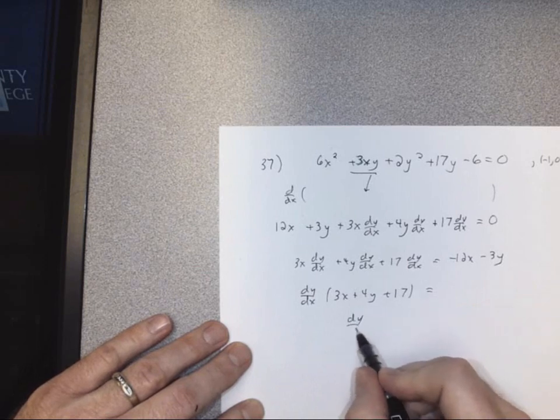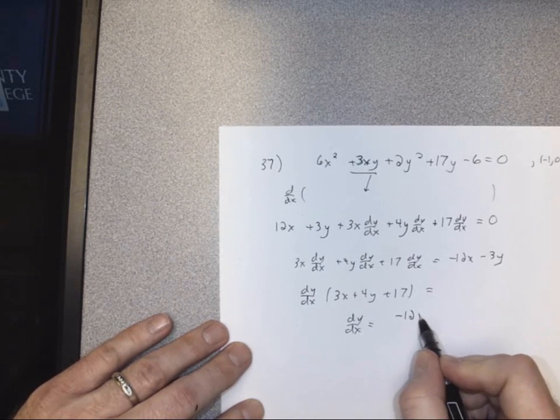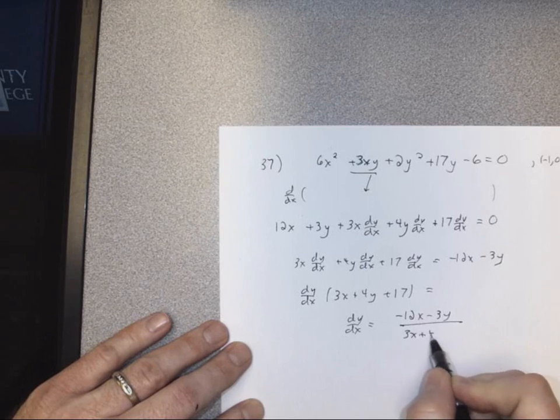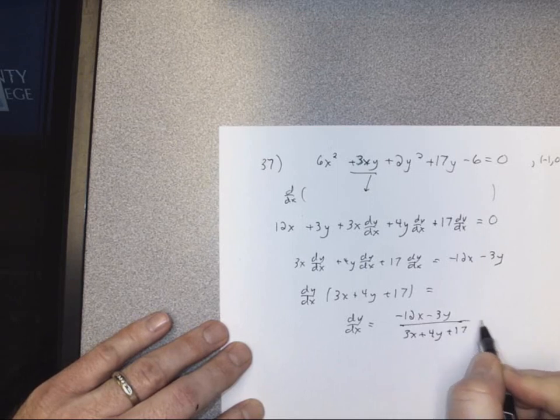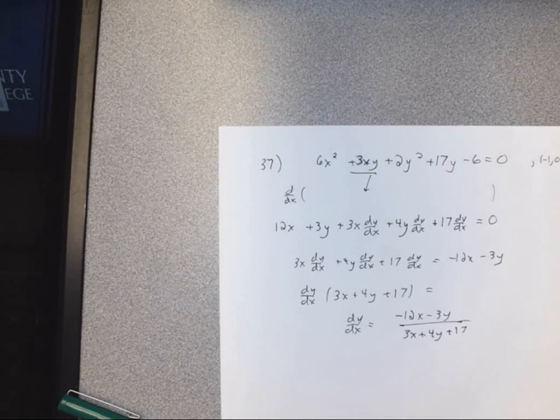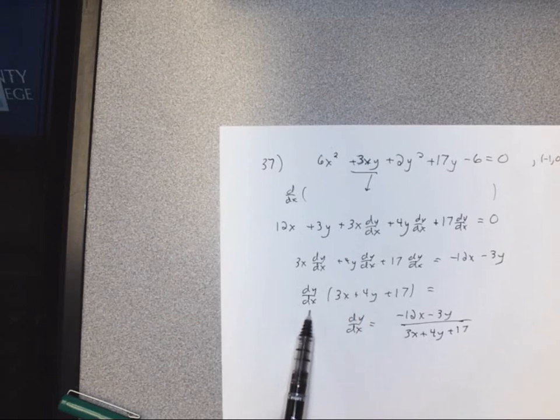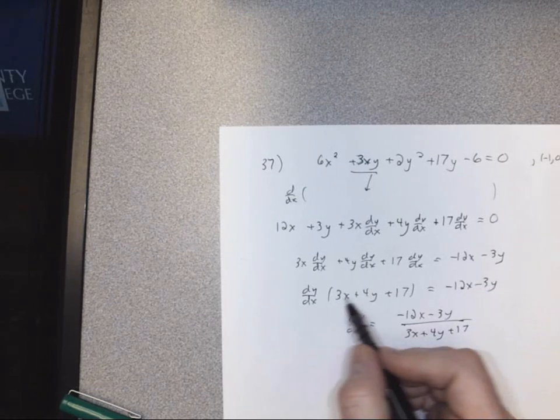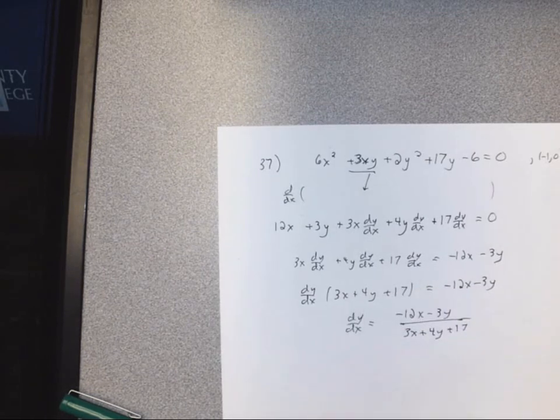So dy/dx is equal to minus 12x minus 3y all over 3x plus 4y plus 17. So it's kind of the same thing we did again: put all your dy/dx's on one side so you can factor it out. When you're done factoring, you just divide by that factor that's left over.